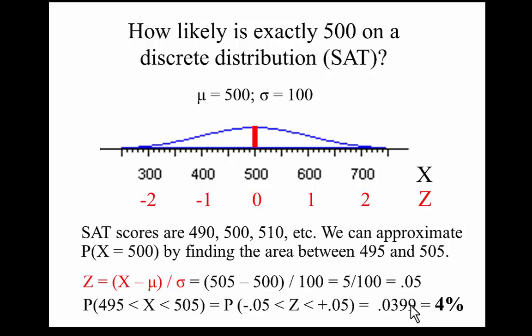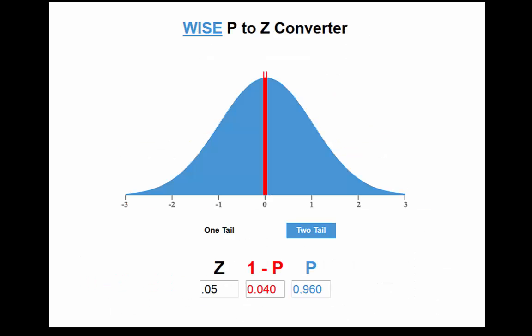We could find this by going to a P to Z converter, and if we enter a z-score of 0.05, we find the p-value in the tails of 0.96, which means the probability of getting a score in that interval is about 4%. So the conclusion is that there's about a 4% probability that someone would have a score of exactly 500 on the SAT distribution if we had a nice normal distribution like that.